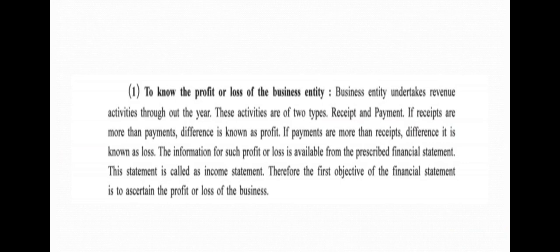The information for such profit or loss is available from a prescribed financial statement. This statement is called the income statement. Therefore, the first objective of financial statement is to ascertain the profit or loss of business.